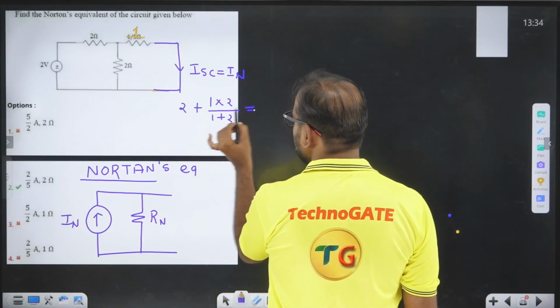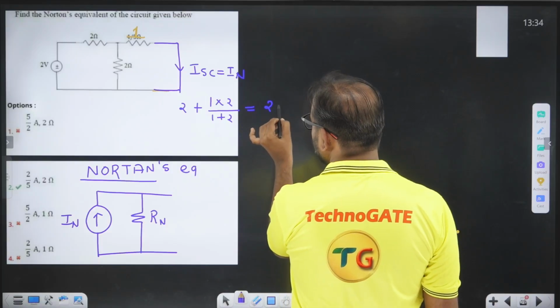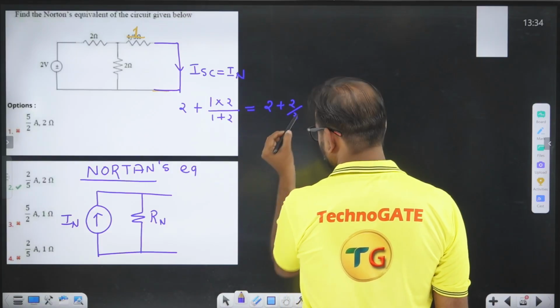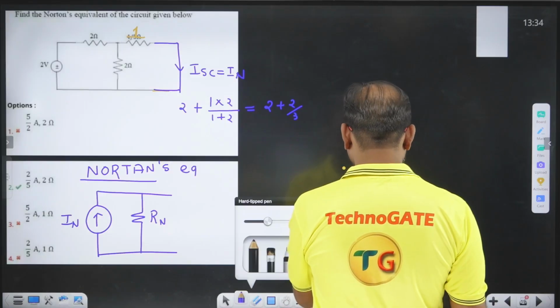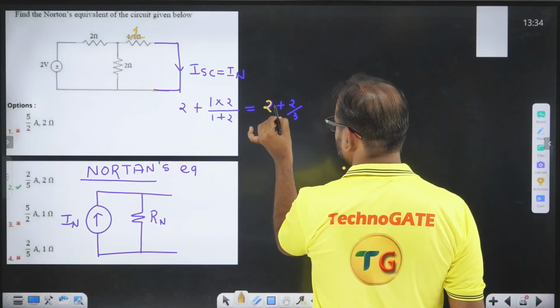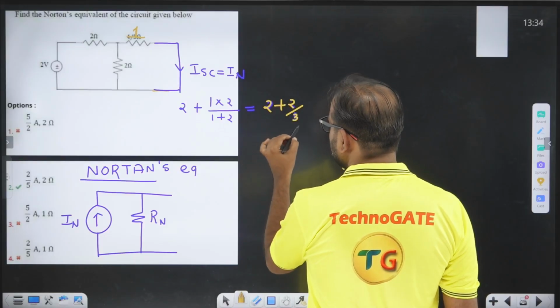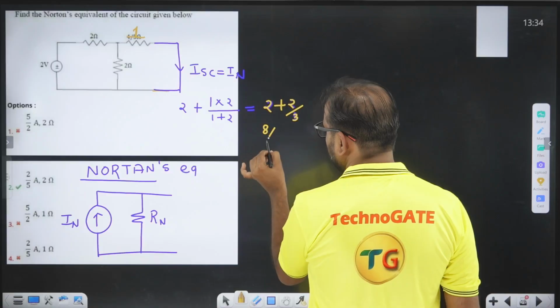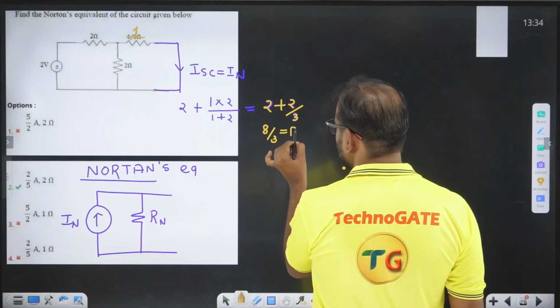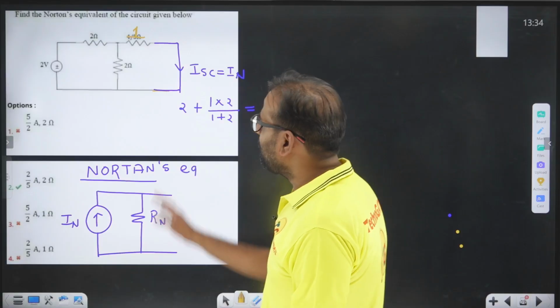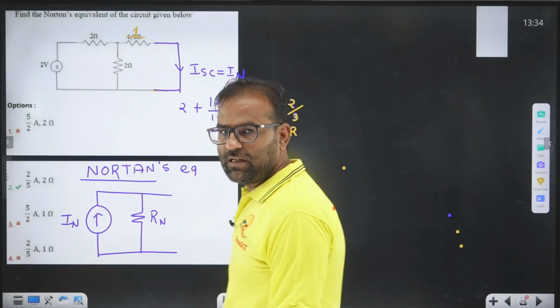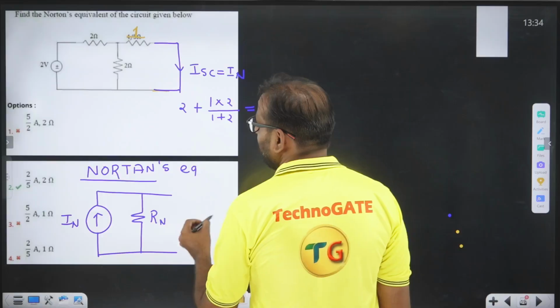So total impedance is what? 2 plus 2 by 3, which is 6 plus 2, 8 by 3. You know what the equivalent resistance is till this point? 8 by 3. What is the applied voltage? Applied voltage is 2.